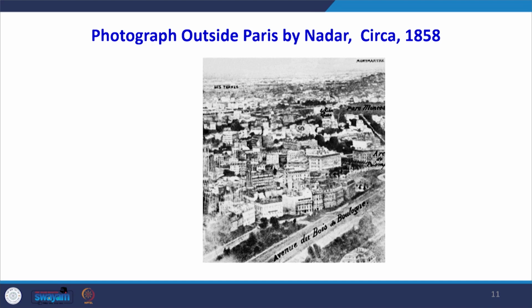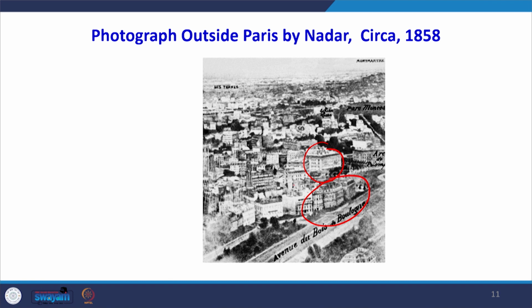Now, this is a sample of the photograph which was taken outside Paris by Nadar in 1858. This is a landmark in aerial photogrammetry, and since the camera axis was not vertical, it was inclined. So, one can even see the height of these buildings also from this photograph.